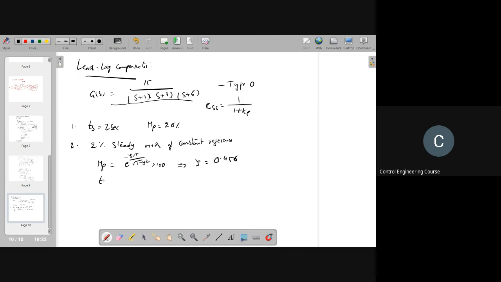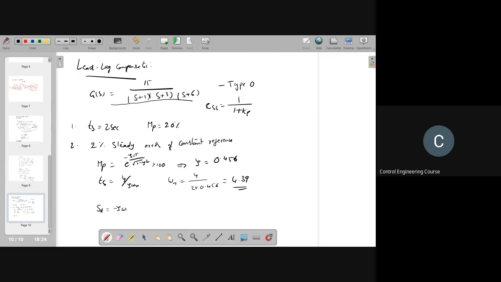Then the settling time Ts is 4 by zeta omega n. Since you know zeta, we now calculate omega n. Omega n is equal to 4 by 2 into 0.456, which is 4.39.